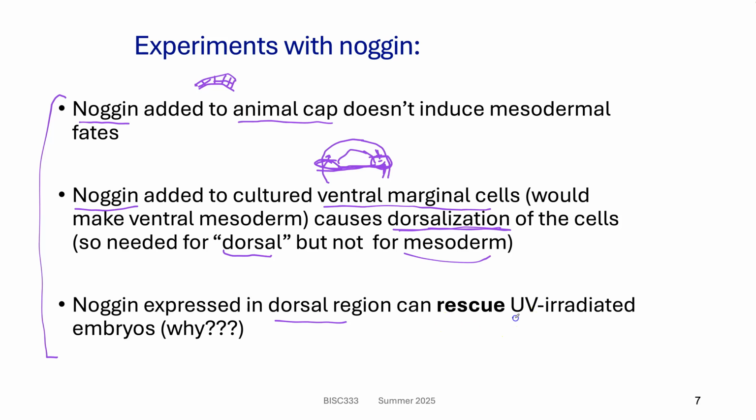So hopefully you remember from a previous lecture, I think it was lecture 21, that UV irradiation of the embryos inhibits microtubule polymerization, and therefore no cortical rotation, and therefore no beta-catenin in the nucleus in the dorsal region. So what you have then is a ventralized embryo.